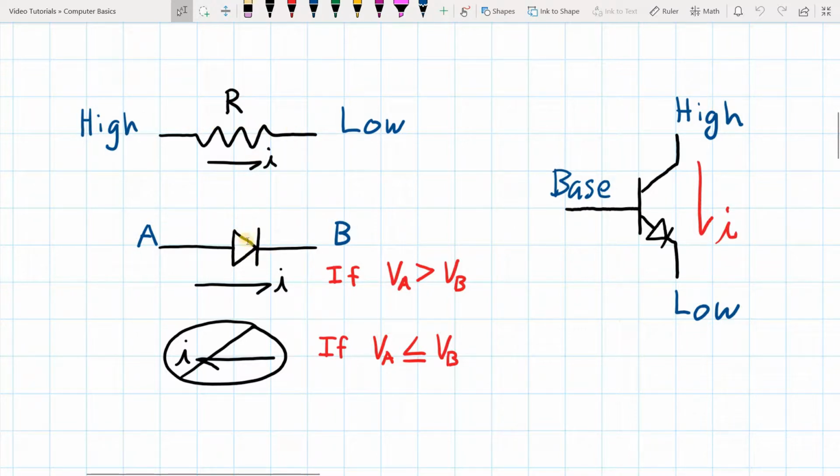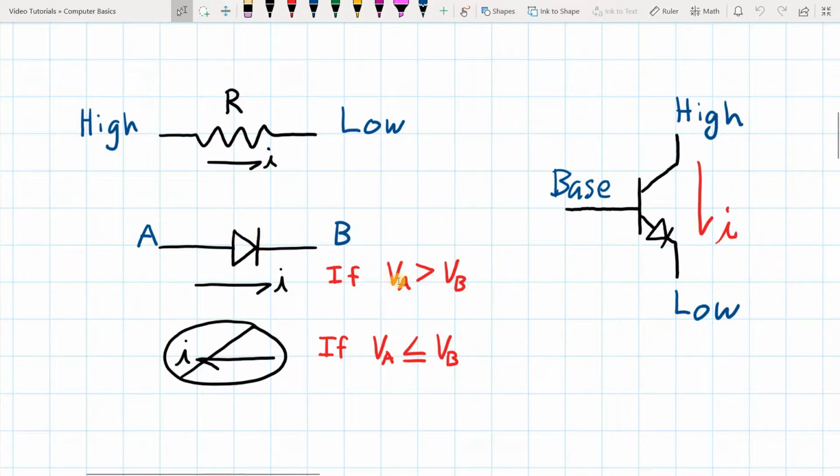Voltage always drops across the resistor. The next electrical component to look through is a diode. We have A and B on either side of the diode, and current running through from A to B. This I represents current. Don't ask me why it's an I, but that's what we use to represent electrical current. The symbol for the diode has this arrow on it that indicates the direction of current flow.